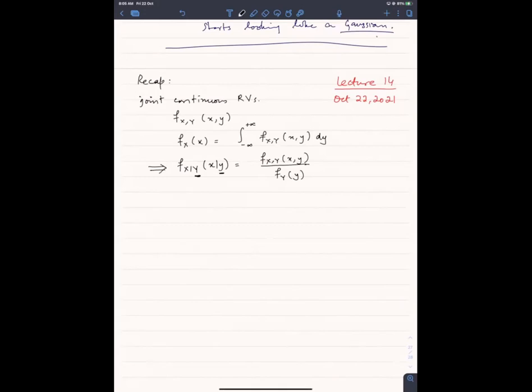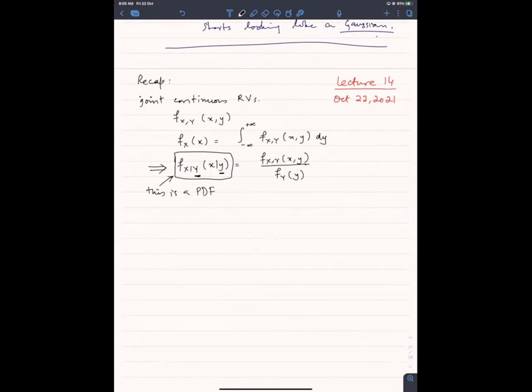Okay? So if I use this to find the expected value, remember we can use the PDF to find the expected value. If I use this PDF to find the expected value, we would be finding the expected value of X given capital Y is equal to small y.